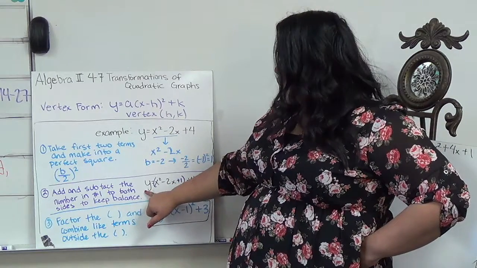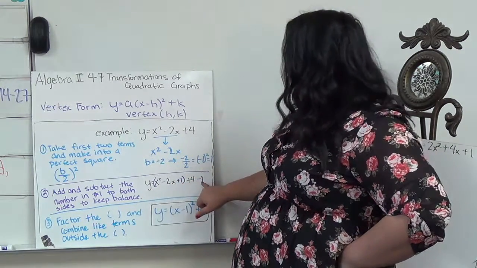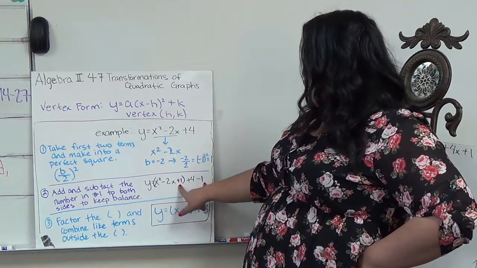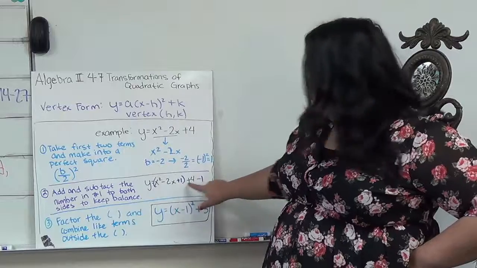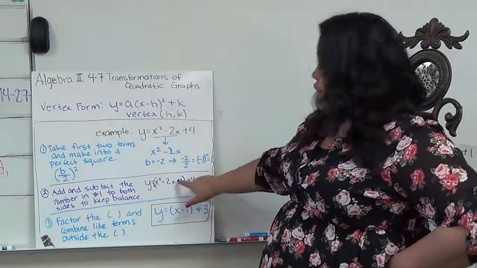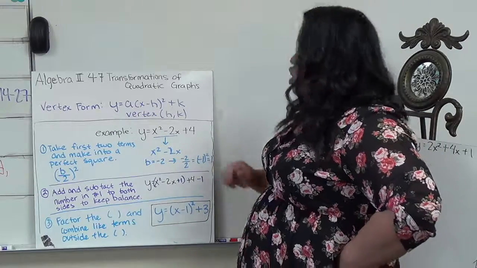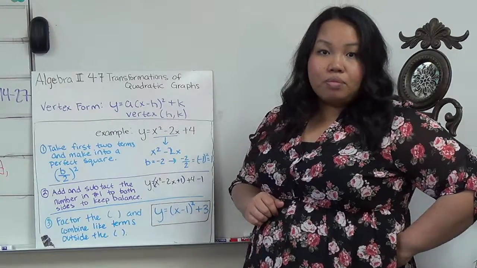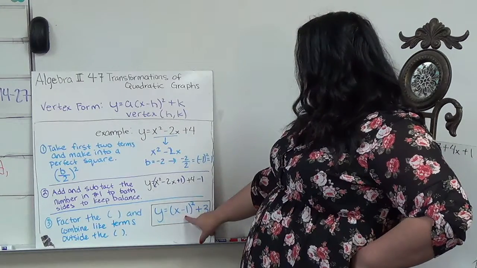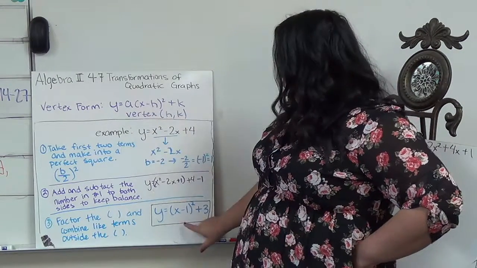But instead of adding it, I'm just going to automatically bring it over by subtracting it. This means that if I add 1 to here and subtract 1, this equals 0. So that's why I have to subtract 1. I can add whatever I want here as long as I subtract that same number from the end so that I can keep the equation balanced. That's what that's for. So once this is factored, then I go ahead and they match.